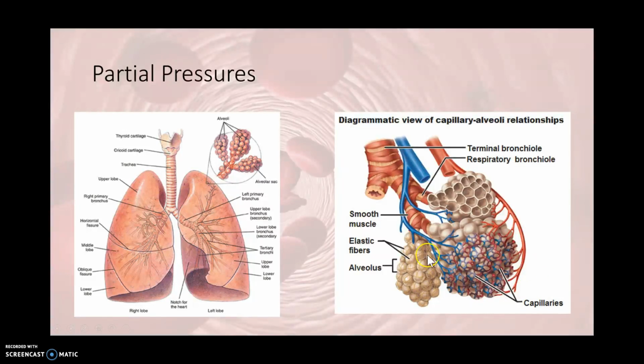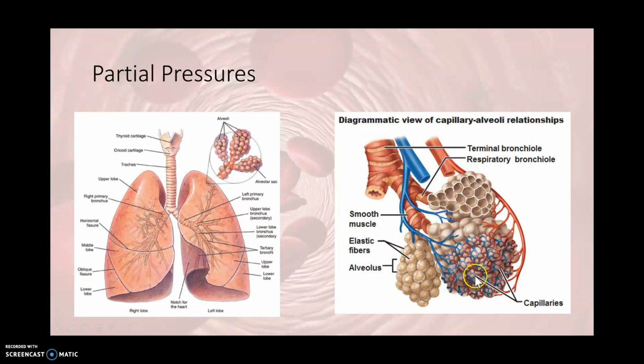So to give you a visual, all this is governed by pressures, right? The pressure in the ambient air comes in at about 159. We come into the alveoli, which is where we want to get the oxygen to. This is about 102 millimeters of mercury.